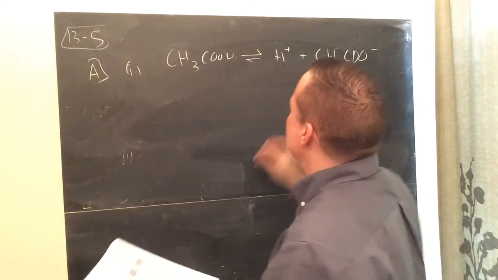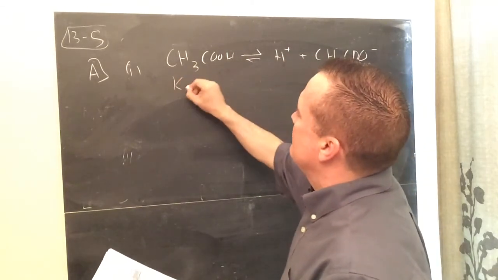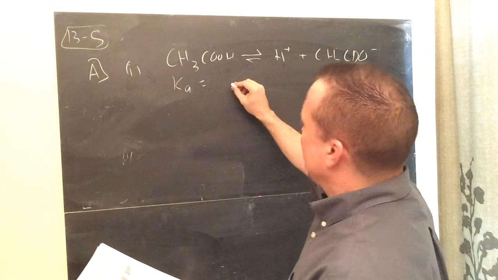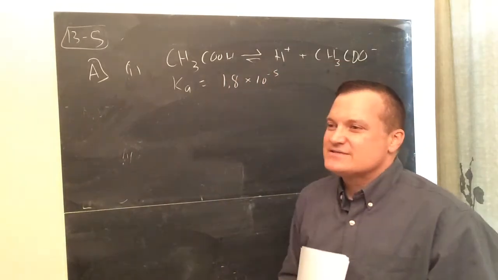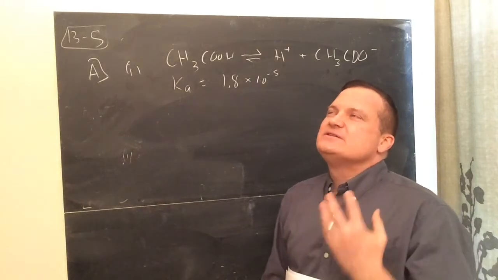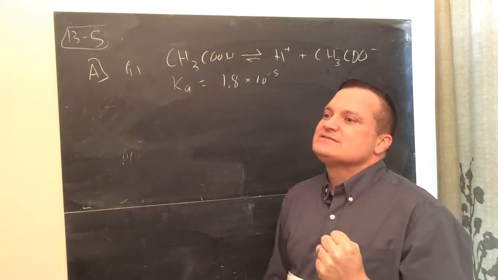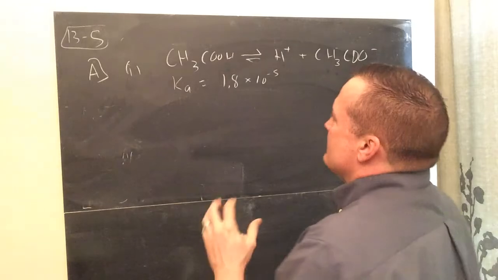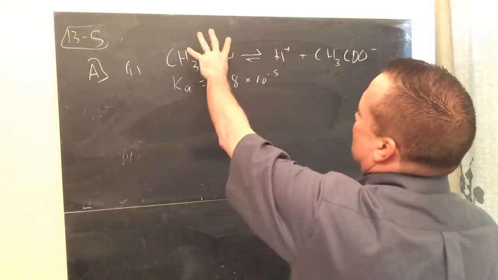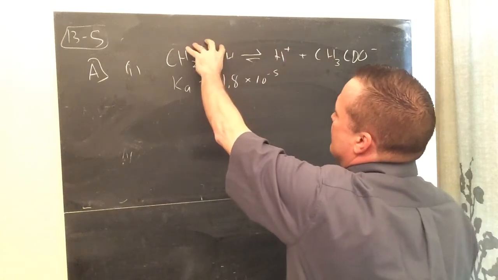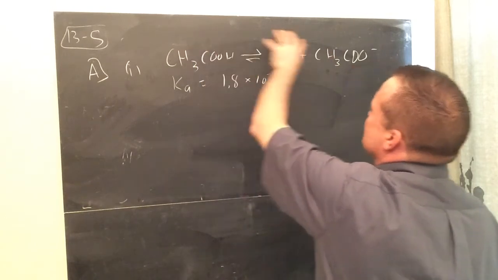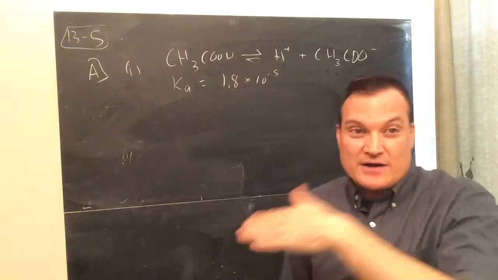So it says the Ka value for this is equal to 1.8 times 10 to the negative 5. What it tells us, when we say the equilibrium position, what that means is, at equilibrium, are the amounts of this greater than or less than the amounts of these? What's greater, the products or the reactants?